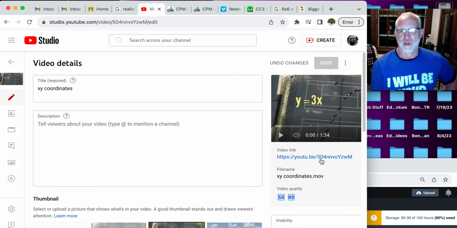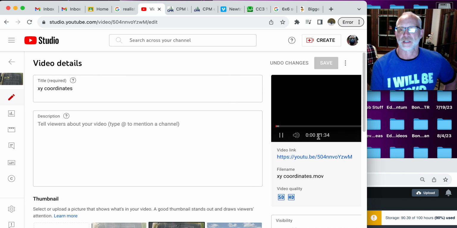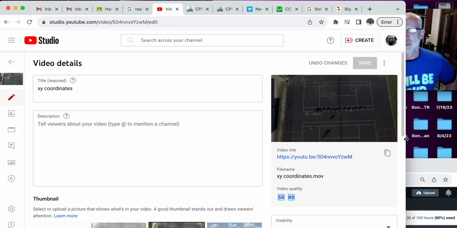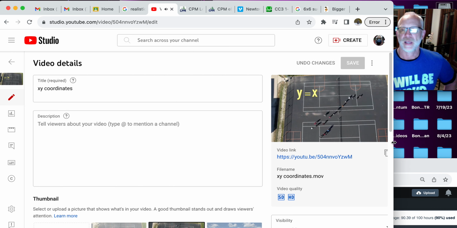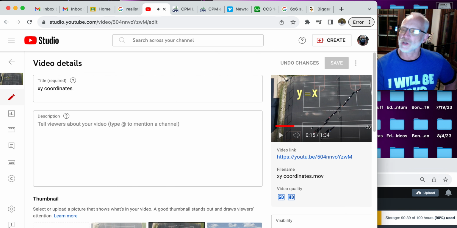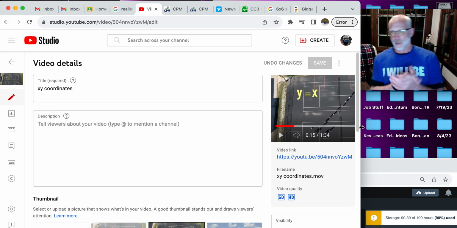It's just called X and Y coordinates, and you can see the beginning of it here. It turned out really cool. There we see the x-axis and the y-axis and how the people move through. So you can watch this video that's on Google Classroom.